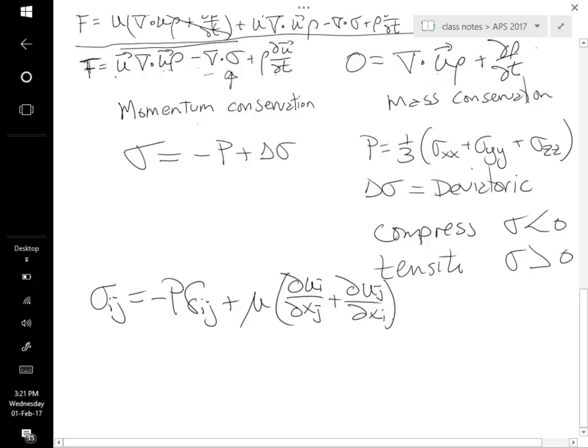Recall that u is the velocity. So these are the shear strain rates here, and this is one way to write this constitutive model for a Newtonian fluid.